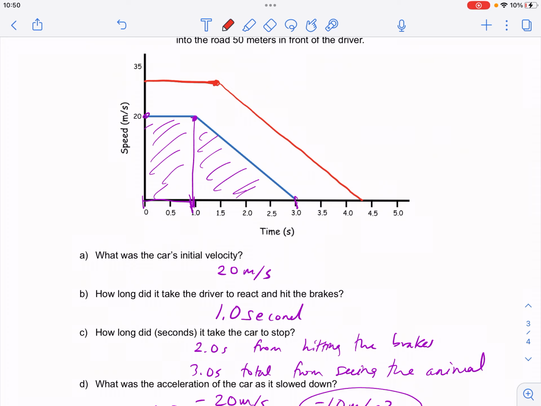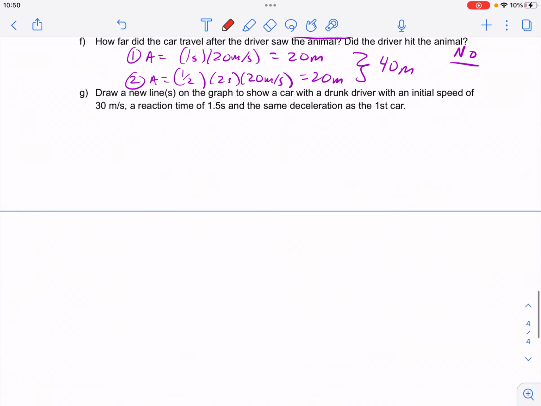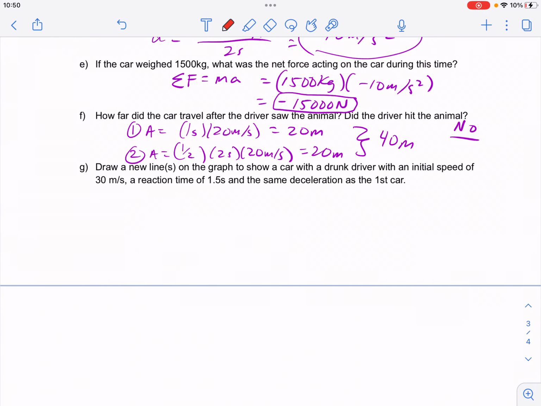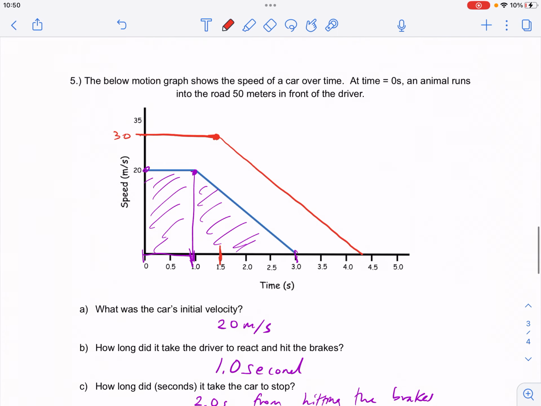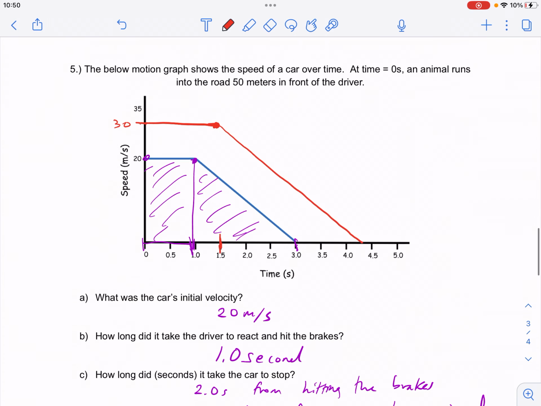The key difference is that it has a higher initial speed. So here's 30, and that it doesn't start slowing down until time 1.5. Now I guess a follow-up question, which I don't see on this sheet, would be, does this person hit the animal?